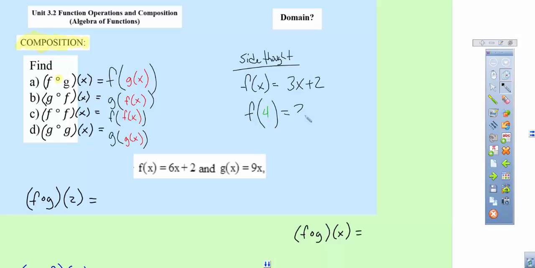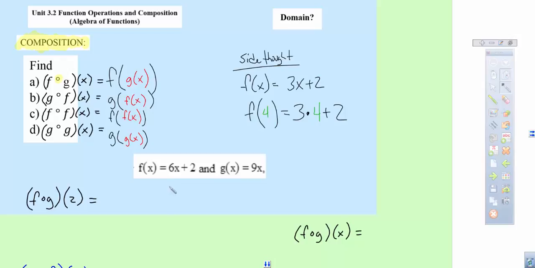So this becomes 3 times 4, let me close that in so it's not a composition, plus 2. I replaced the x with whatever was right here, and that's the same idea. When I'm composing, I'm going to take the g function and plug it into the f function wherever the x was, and replace the x with the g.